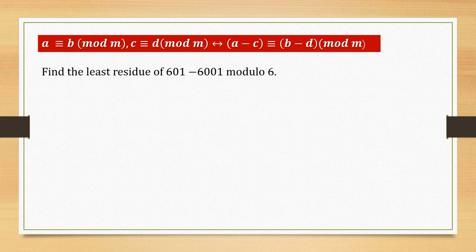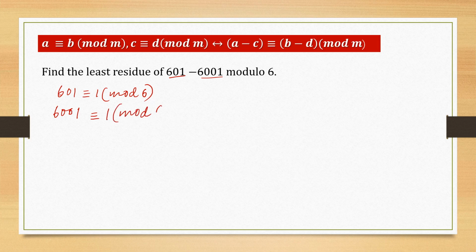Another example: find the least residue of 601 minus 6001 modulo 6. So 601 is congruent to 1 modulo 6, because when I divide by 6, certainly the remainder will be 1. And 6001 is also congruent to 1 modulo 6.